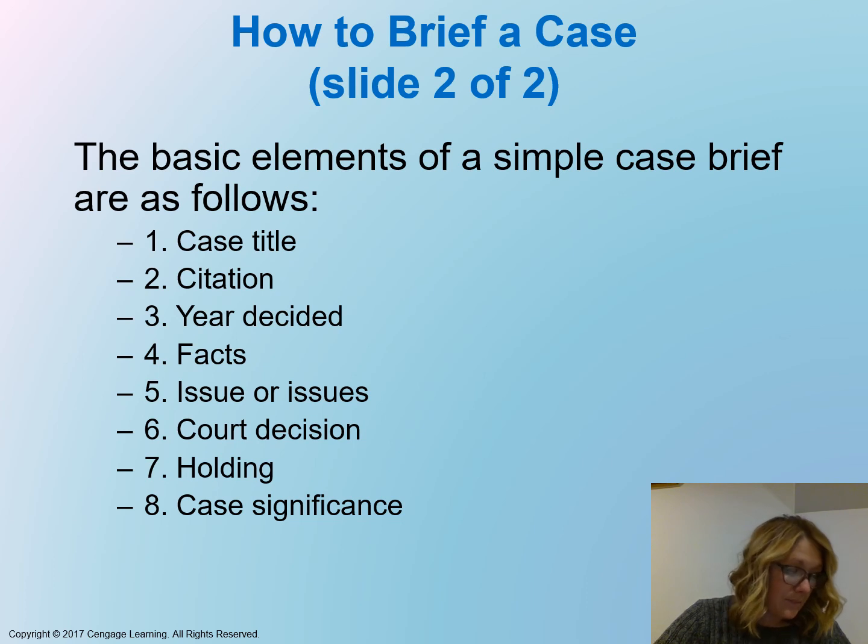So in this case, it's going to be 367 US 643, which means that you can go and find volume 367 of the United States Reports starting on page 643, and that it was decided in 1961. That is the citation for that. The year, that's the year that it was decided, so 1961.